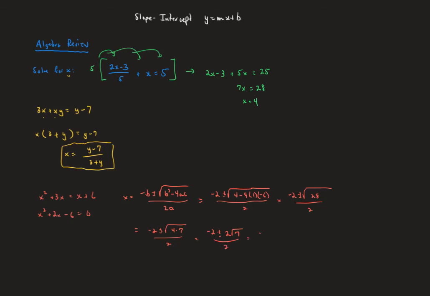And of course, we can split apart that fraction. Hopefully we're getting the rust off from our long time off. And our final answer is going to be that x is equal to negative 1 plus or minus the square root of 7. Very good. You can give homework number 4 a try.